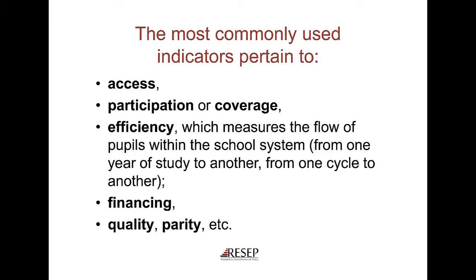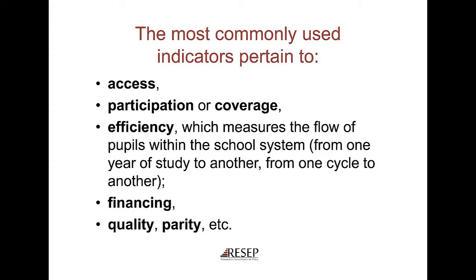Efficiency, very important, looking at flows, also looking at results, etc. Financing, and there are a few about financing in your booklets, although I'm not actually going to go into detail about that. Quality, a very important issue in South Africa, anywhere really, given that we spend a lot of money on education, so why are we not seeing the type of returns we hope to see? And then parity, issues like gender parity.